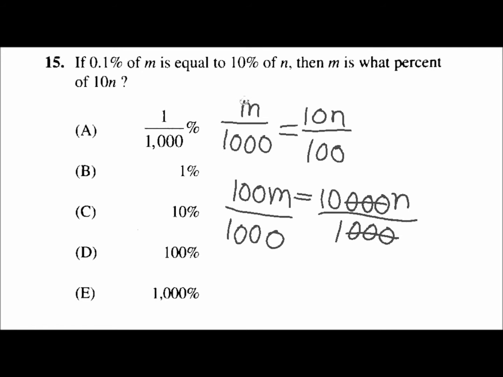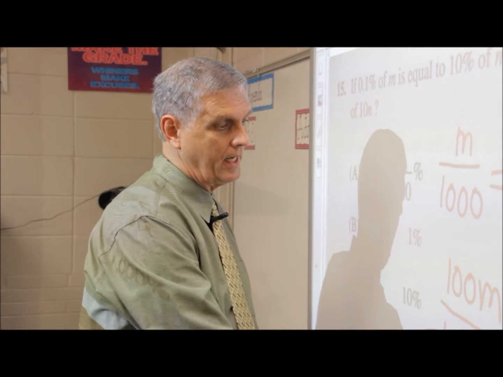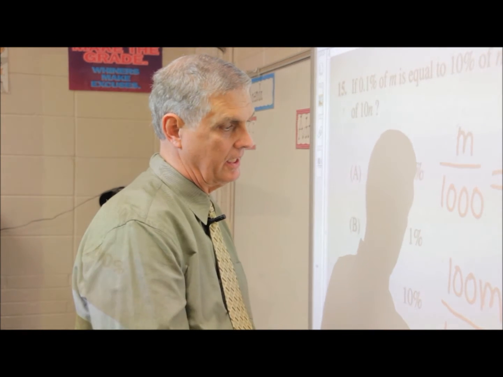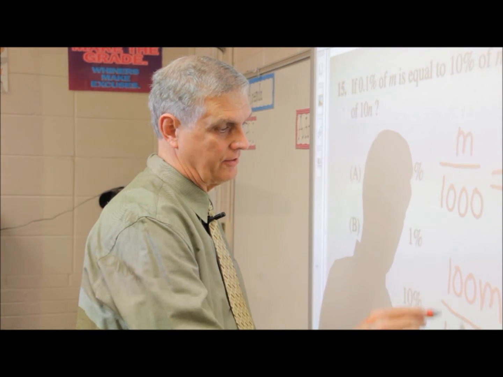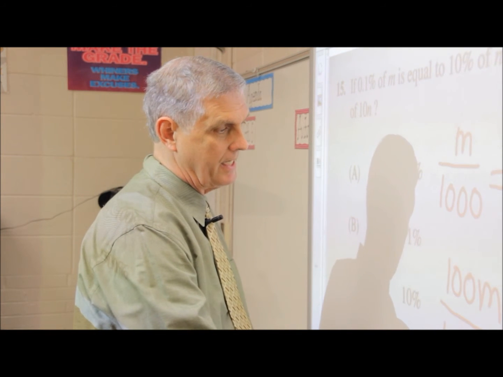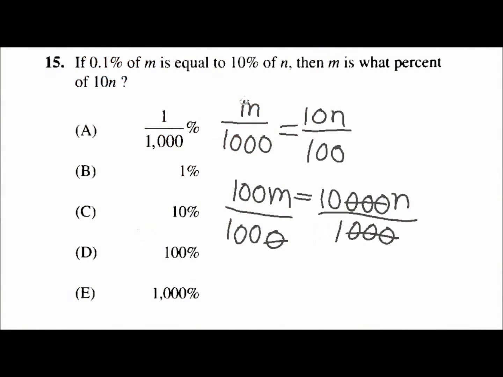And we want to know what percent, M is what percent of 10N. So we want to find out what hundredths of M is this 10N. So we want to get this down to just plain hundredths. Well, if I'm going to get it down to hundredths, I need to knock off 1 zero.